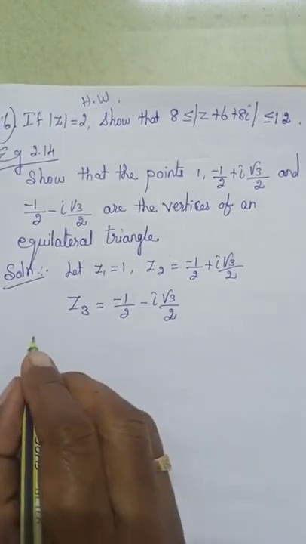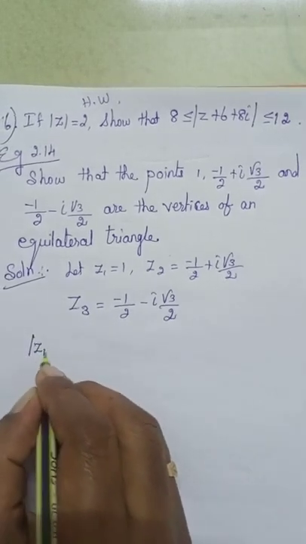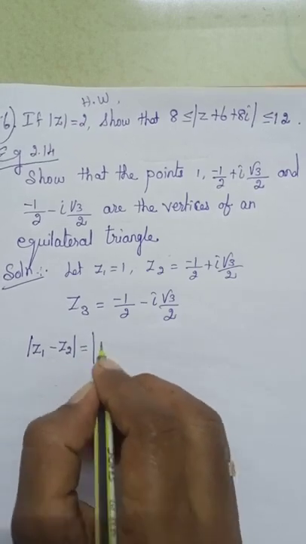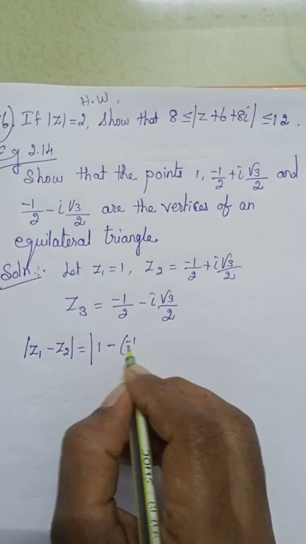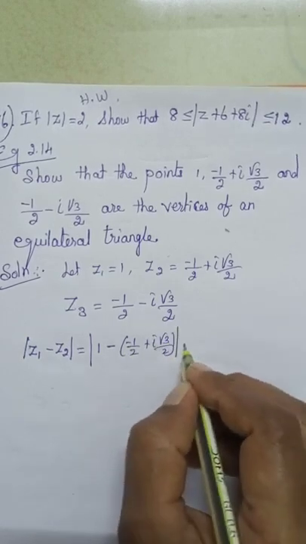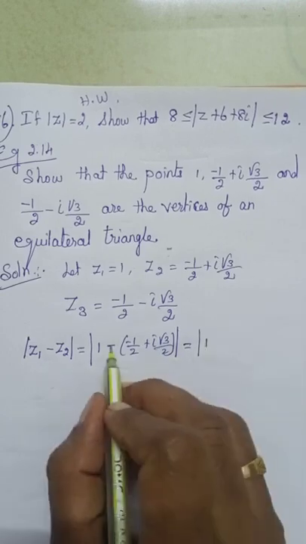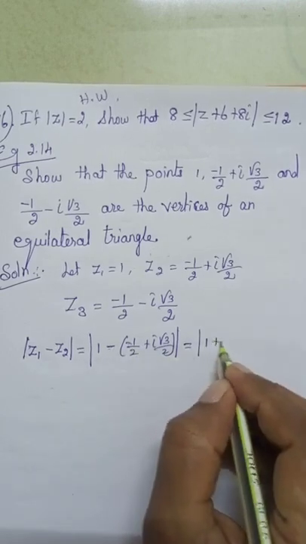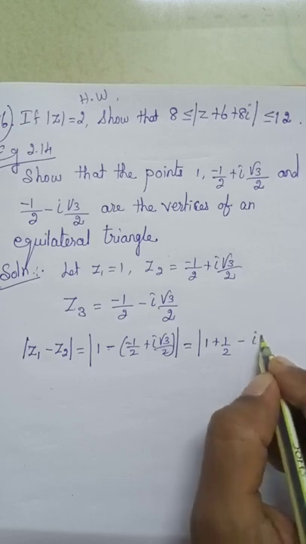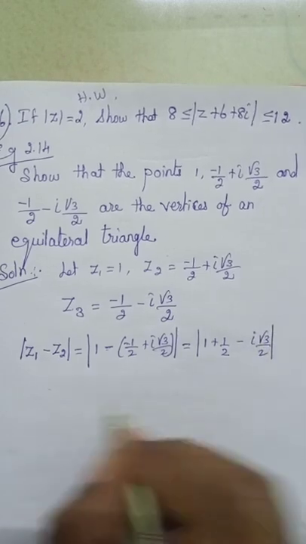So distance between 2 points is modulus Z1 minus Z2. So when I find it out, Z1 is 1, Z2 is minus 1 by 2 plus i into root 3 by 2. That is modulus 1 plus 1 by 2 minus i into root 3 by 2, because the minus is inside.